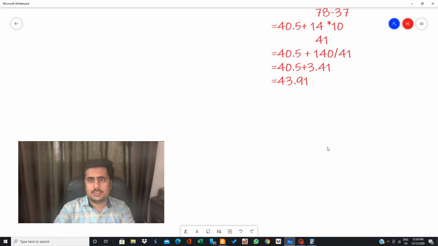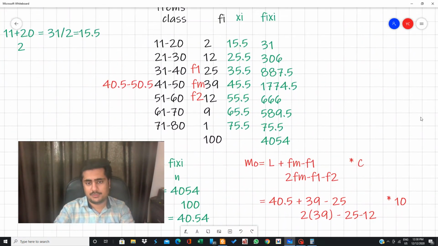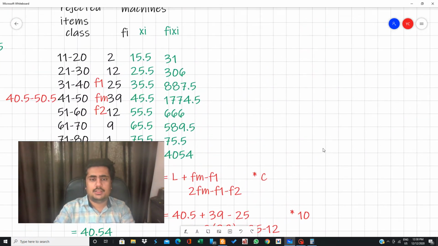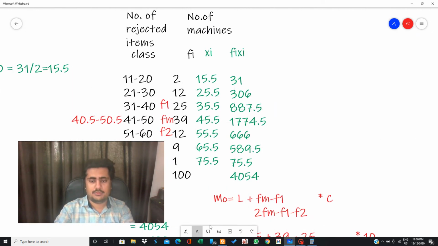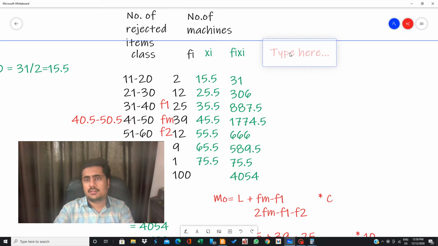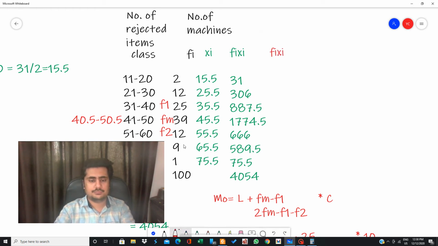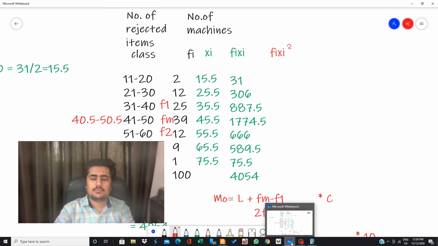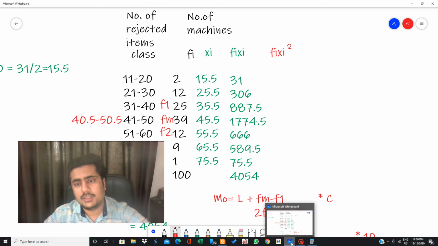Now let us find the standard deviation. For standard deviation, I'll be finding the FiXi square. How to find FiXi square?